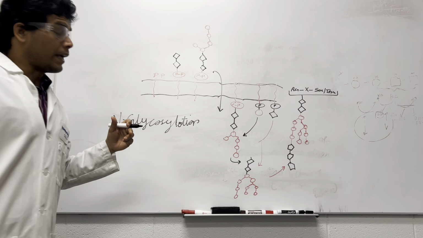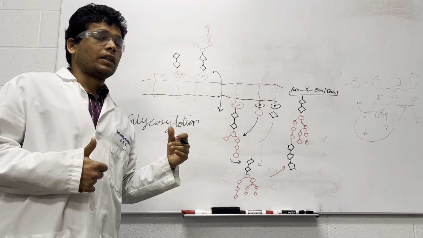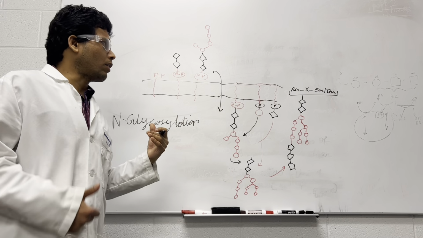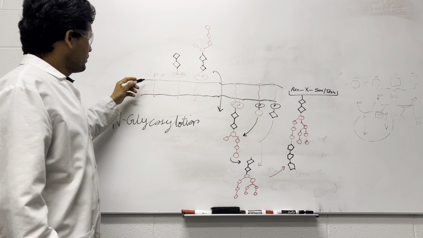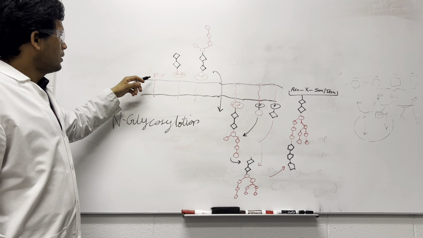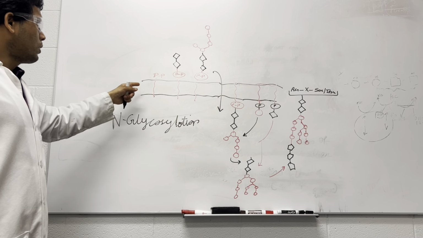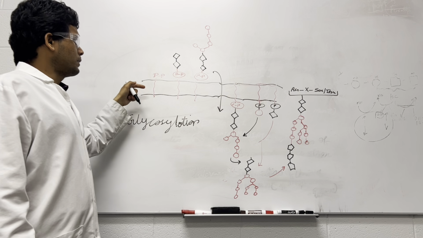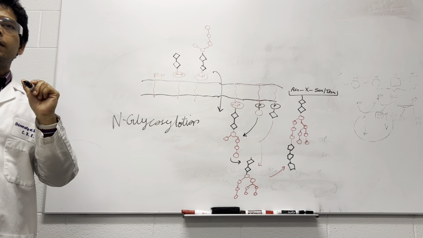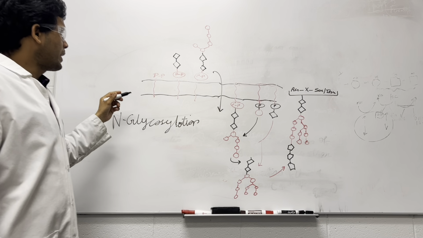N-glycosylation starts even before the translation of the polypeptide chain occurs. Initially, this Dolichol diphosphate hydrocarbon chain is usually found in the membrane of the endoplasmic reticulum.